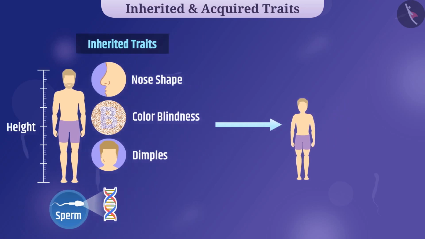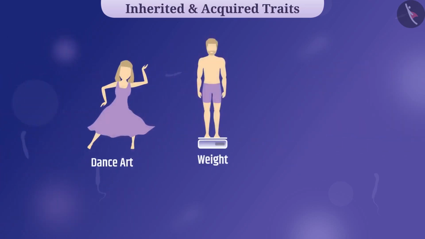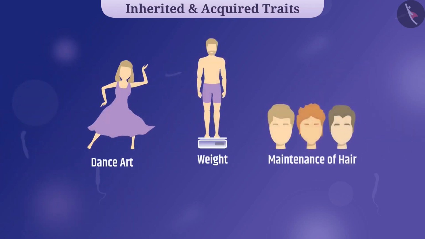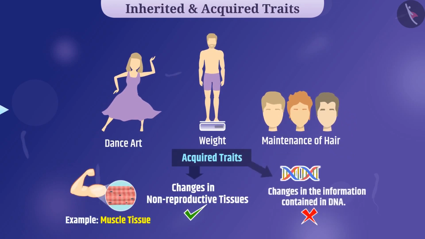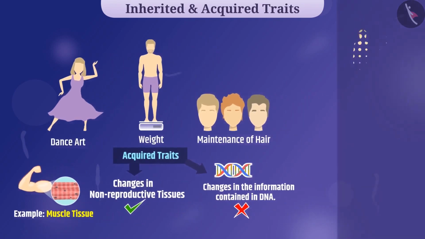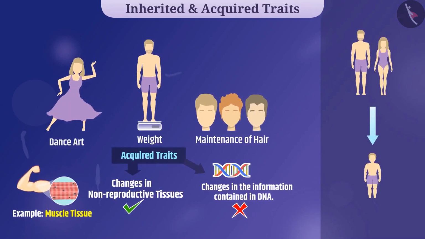Those traits like dance art, weight, maintenance of hair, which the organism acquires during their lifetime, are called acquired traits. Acquired traits lead to changes in non-reproductive tissues, but it does not cause change in DNA of the gametes. Hence, there is no inheritance of acquired traits from one generation to the next.